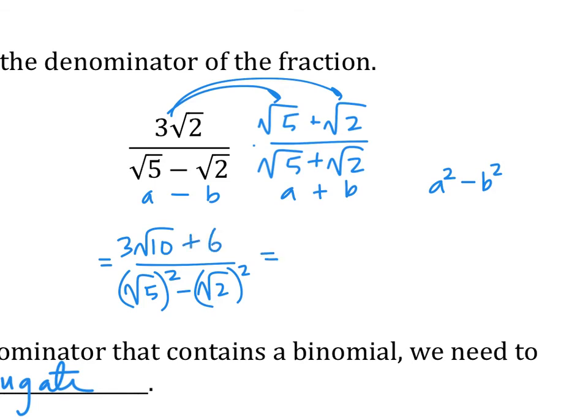All right, in the denominator, square root 5 squared is what? 5. And square root 2 squared? 2, so 5 minus 2 is 3. All right, 3 root 10 plus 6 over 3. Can I simplify? Yes. They're all divisible by 3, so they will cancel. So we get square root 10 plus 2.